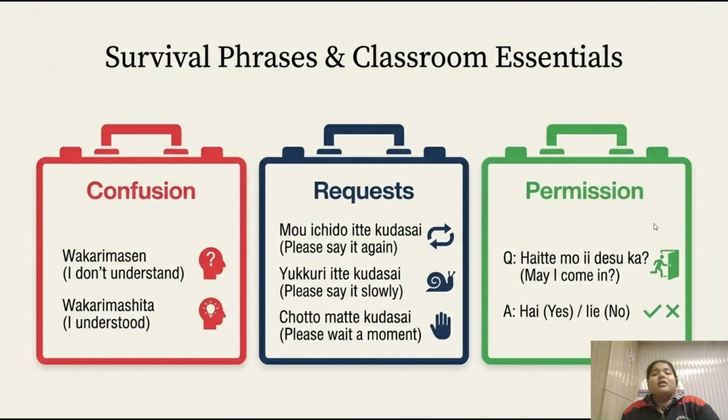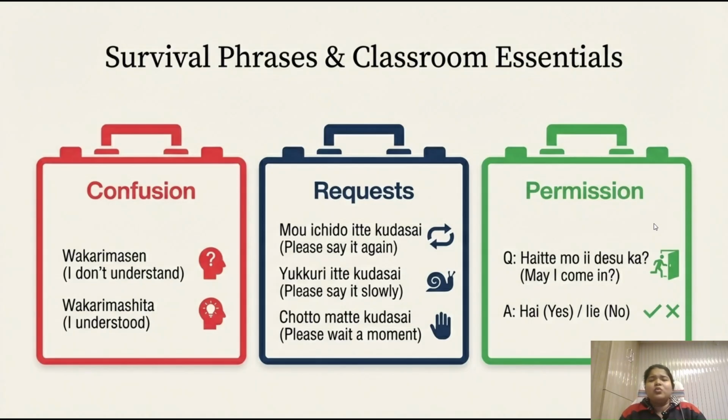When you are requesting somebody, like asking them to say it again, you're going to say mou ichido itte kudasai. If someone is speaking a lot faster, you're going to say yukkuri itte kudasai.